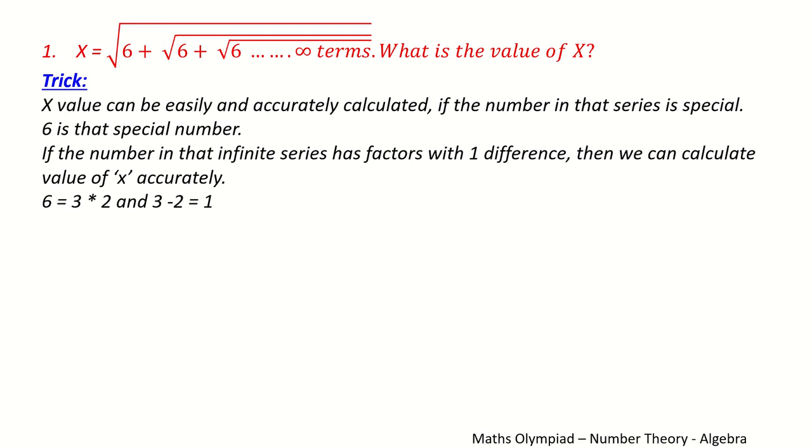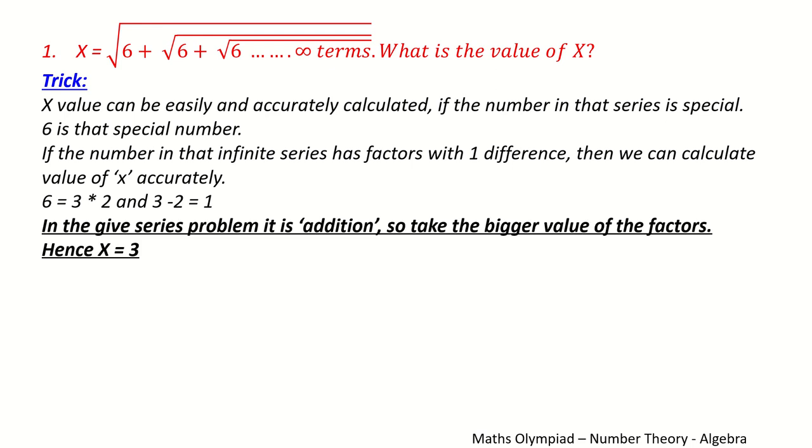So 6 should have factors which differ by one, and then we can calculate the value of x. 6 equals 3 into 2 and 3 minus 2 equals 1. It is an addition series, there is no negative value, all are plus terms. In such a case, you take the higher value of the factors, 3 and 2. So x equals 3 is the solution.